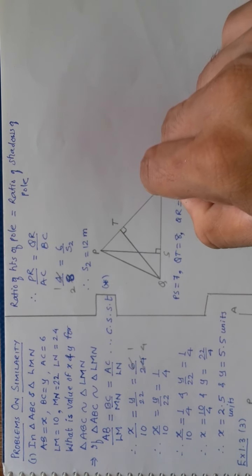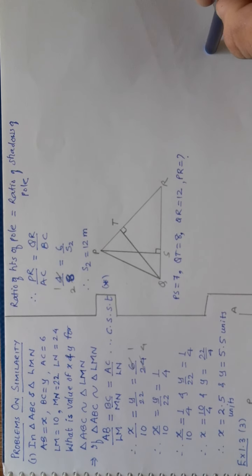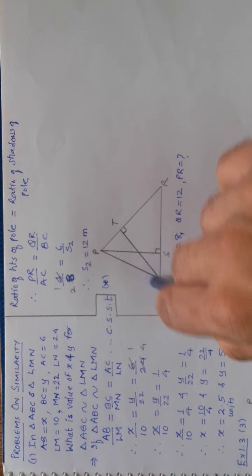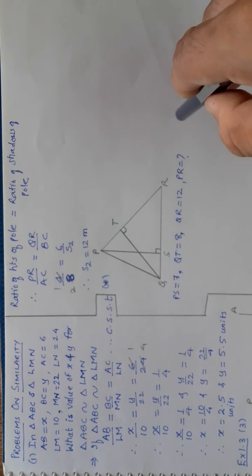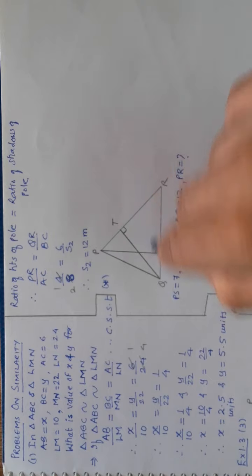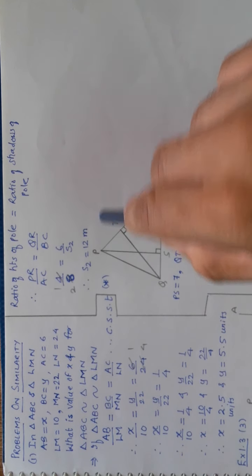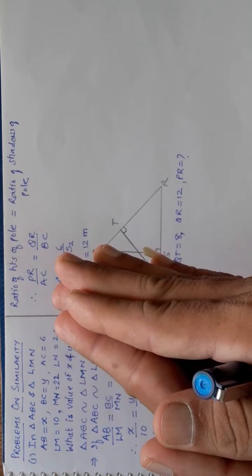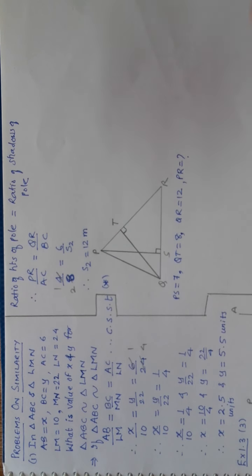Ray RT means ray RP only. And another ray RQ, which is nothing but ray RS only. That means these are two angles which have both the rays the same. That means these two angles are not different. They are one and the same. Right? That means I got one more angle. My matter closes.